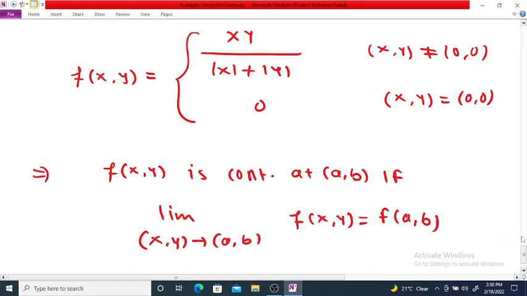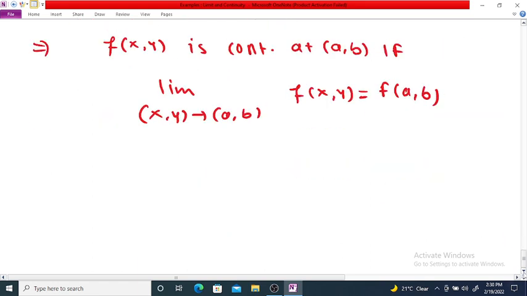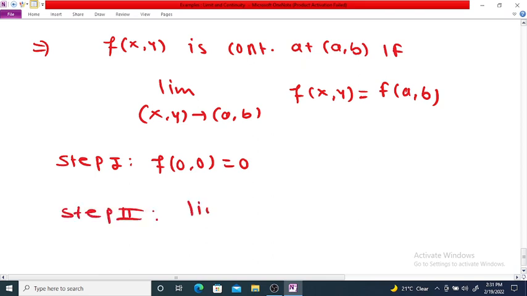So, given: step one, f of (0, 0) is equal to 0. Step 2, the limit as (x, y) tends to (0, 0) of xy divided by mod of x plus mod of y.